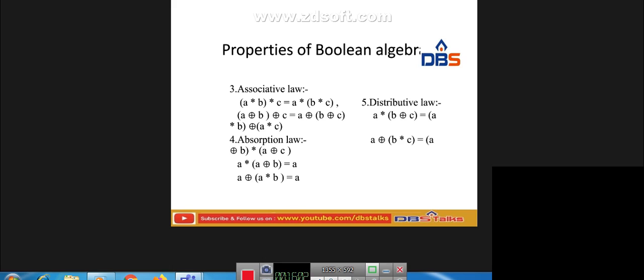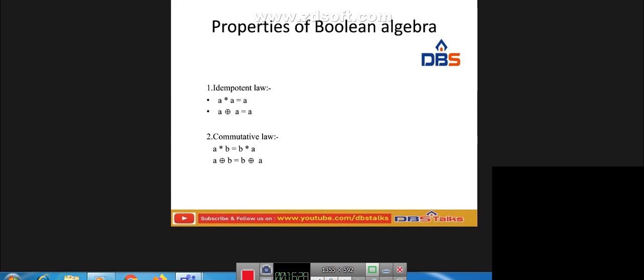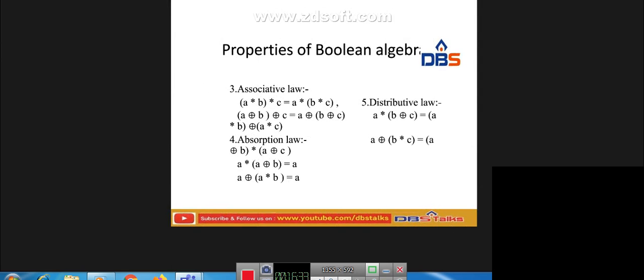And the absorption law, A and (A or B) equal to A, or A or (A and B) equal to A. And the distributive law, A and (B or C) equal to (A and B) or (A and C), and A or (B and C) equal to (A or B) and (A or C). So these are the properties of Boolean algebra: idempotent law, commutative law, associative law, absorption law, and distributive law.